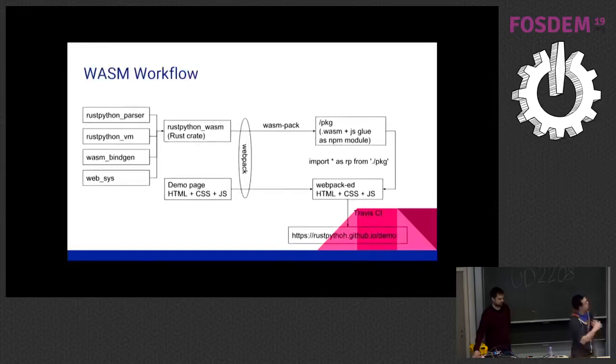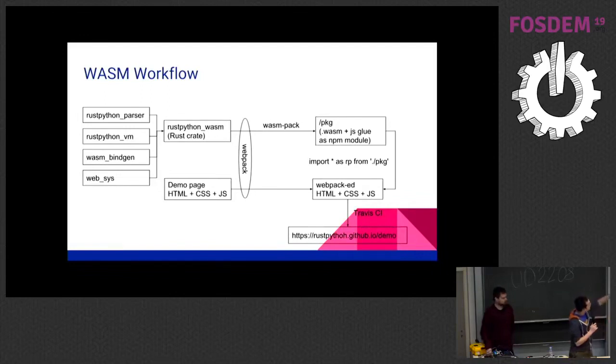So this is a rough idea of the workflow. We have one crate called rustpython-wasm, which is the main crate for the WebAssembly build. It uses the RustPython parser and RustPython VM, just like the command line one. We introduced additional crates for the WebAssembly part, which are wasm-bindgen, which generates the JavaScript and Rust glue code, and web-sys, which gives you the DOM access.